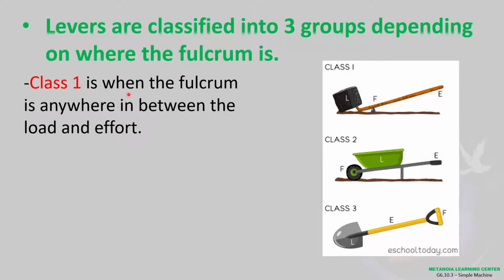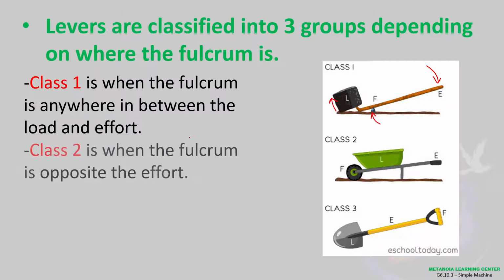In which class 1 is when the fulcrum is anywhere in between the load and effort. Okay, so nasa gitna. Applied force going this way, with the use of the fulcrum, turning point niya, which will lift the load up.